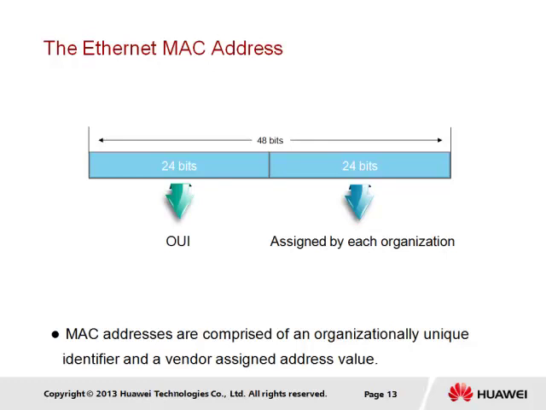A single organization may be registered as having multiple ranges of MAC addresses, especially if the organization manufactures products that utilize MAC addresses. The second part represents the range of addresses assigned based on a particular OUI, which equates to over 16.7 million addresses.